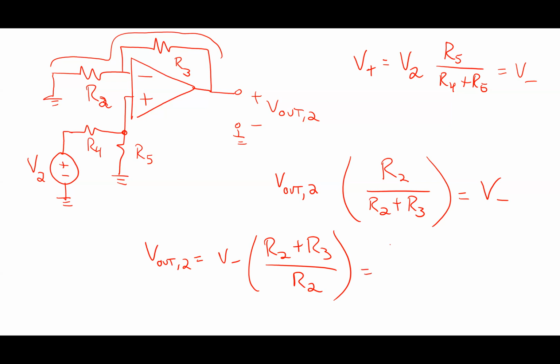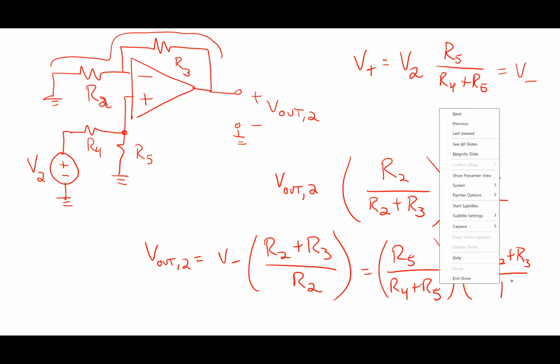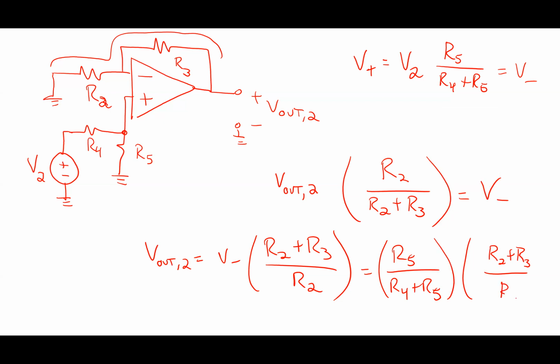So this becomes R5 over R4 plus R5 times R2 plus R3 all over R2, times V2. What did I do here? I plugged in V minus, plugged that into here, and got that whole thing. Ugly, ugly looking thing.